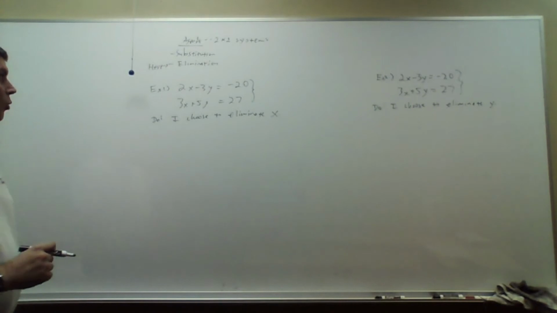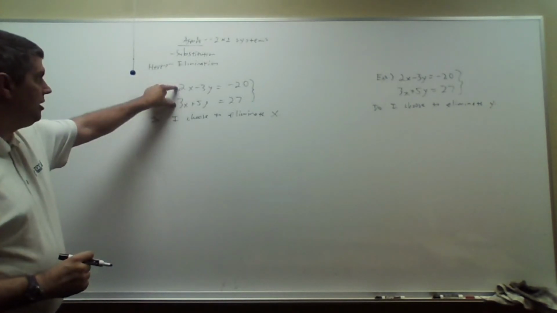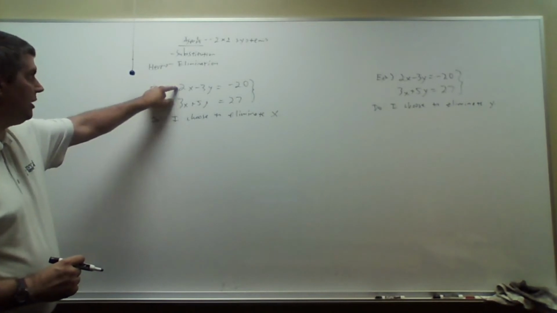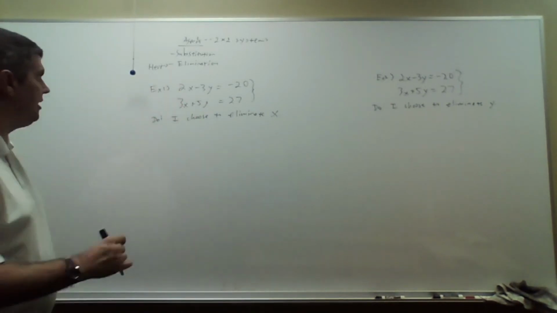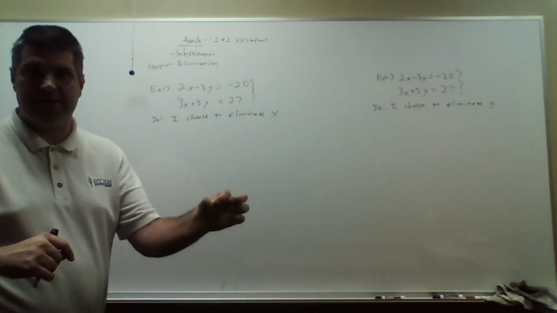So what's going to happen here is I need these two. If I choose to eliminate x, I need to be able to add these up so that they cancel. So I need them to be the same number but opposite signs.